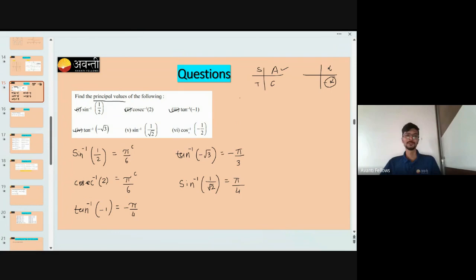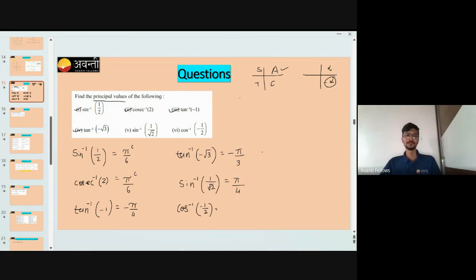And the last part, be careful because we have cos inverse of minus half. This cos inverse is tricky because cos inverse principal value range is in first and second quadrant. Now, let us think this through. If cos inverse range is first and second quadrant and the value is negative, which quadrant will it be?